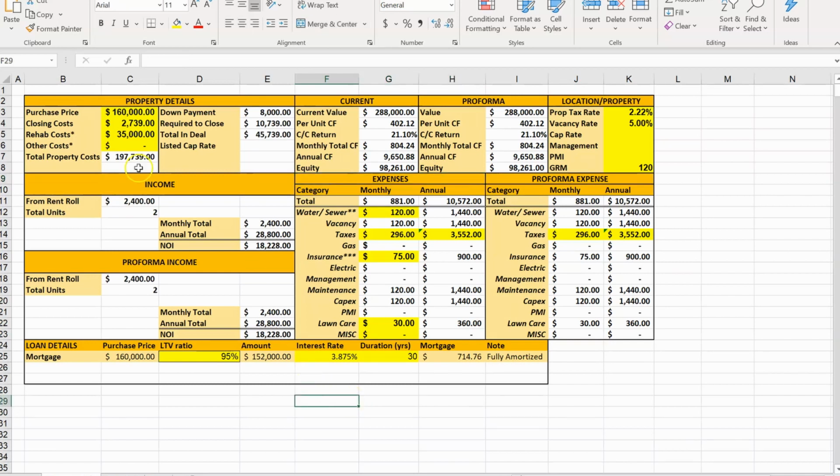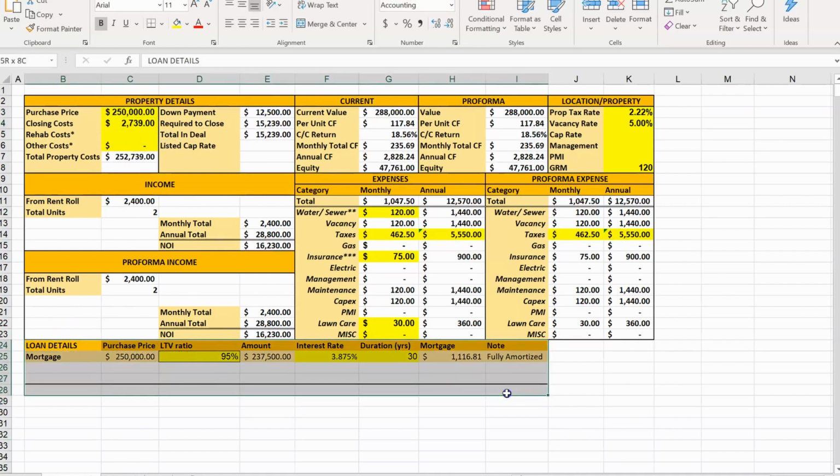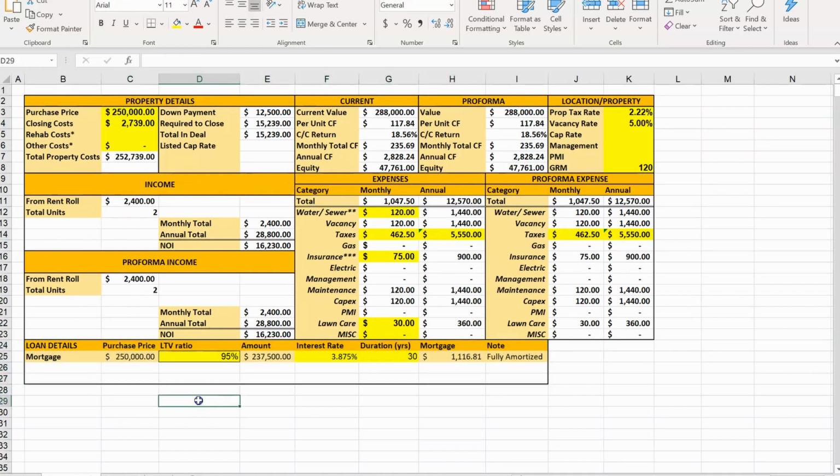So let's say the future value of this property will be around $250,000. So I can remove my rehab costs and then go $250,000 as the new sale price. And what we're doing here is we're then going to fill in the loan details for the new refinance loan. So we'll have additional closing costs on it, so we'll leave that in there.